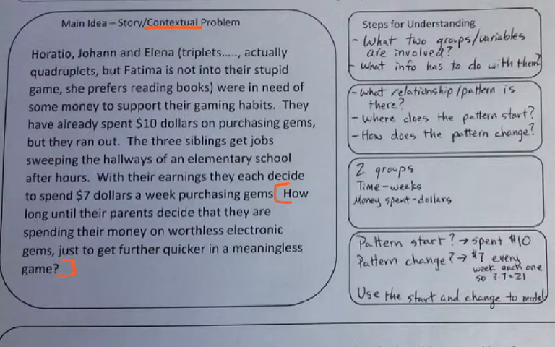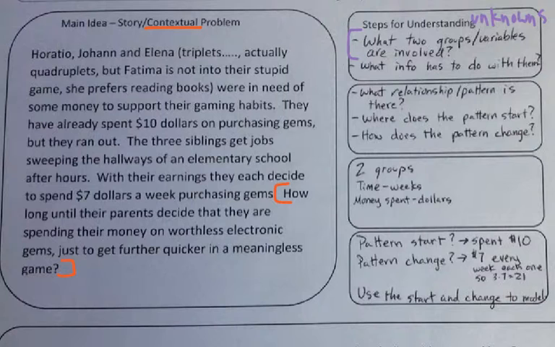Okay, and this year in Math 1, we're going to be primarily dealing with two groups. There are a lot of problems out there that deal with more than that, but for us, we're focusing on just two groups. So what we need to think about whenever we look at a story problem is, what are the two groups? What are the two variables? What are the unknowns? That's another word we could call them.